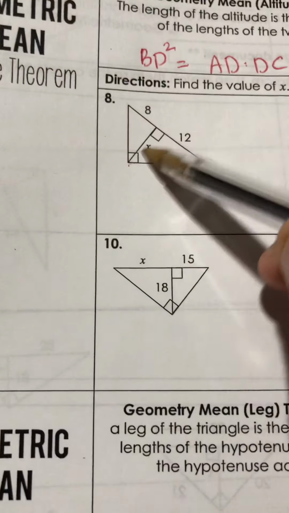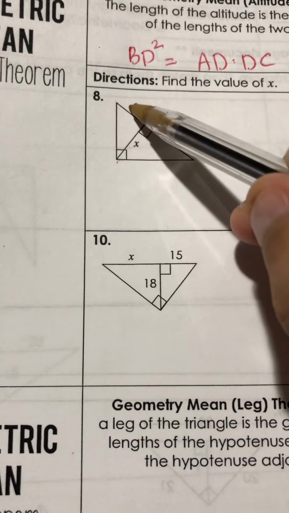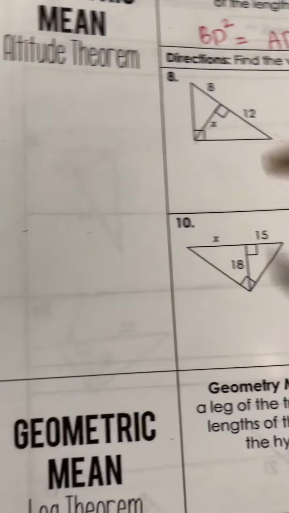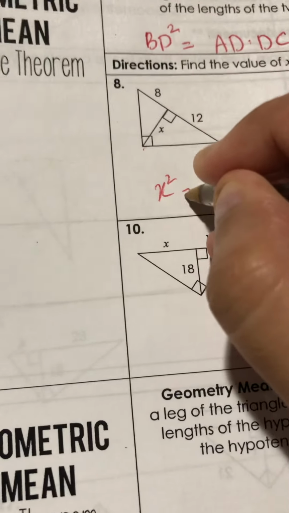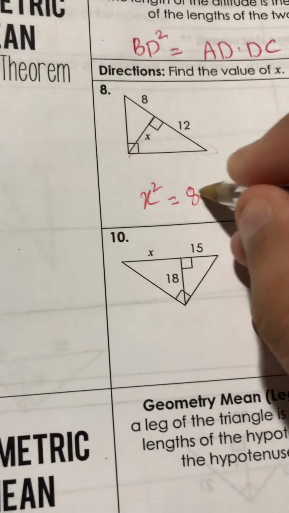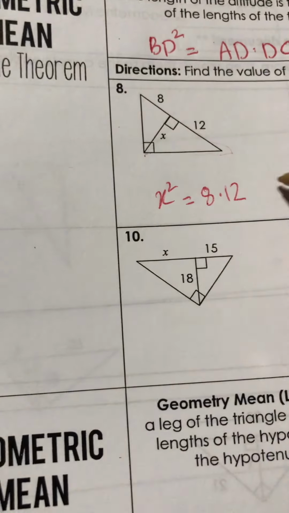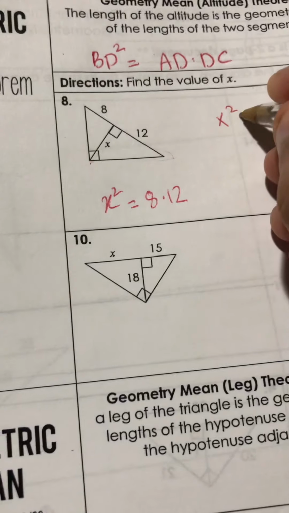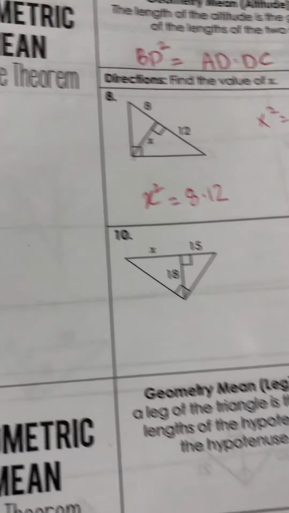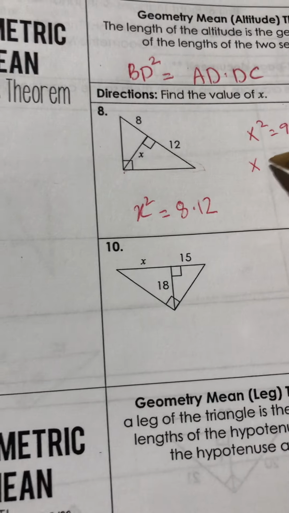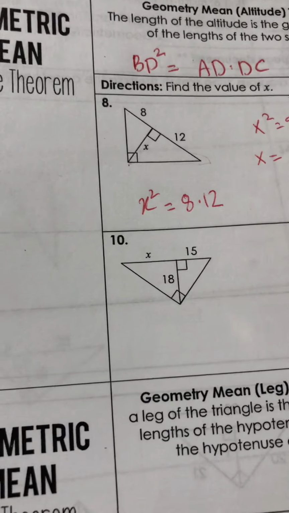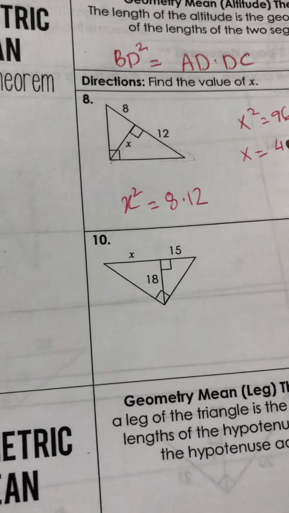So this altitude is the geometric mean of the two segments 8 and 12. So I can do that. x squared is equal to 8 times 12, so x squared equals 96. Take the square root. The square root of 96 is 4.